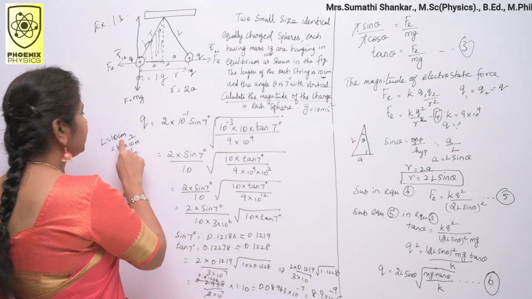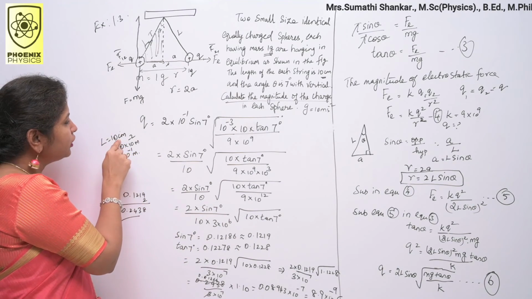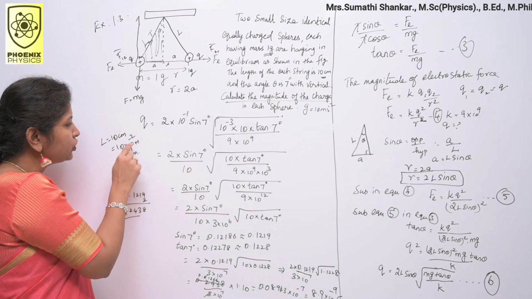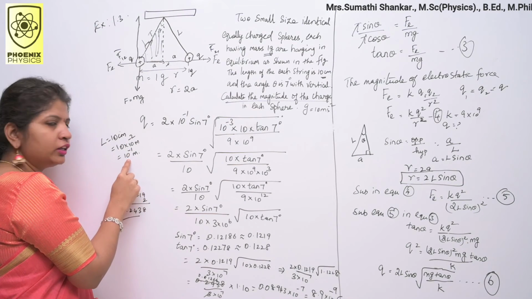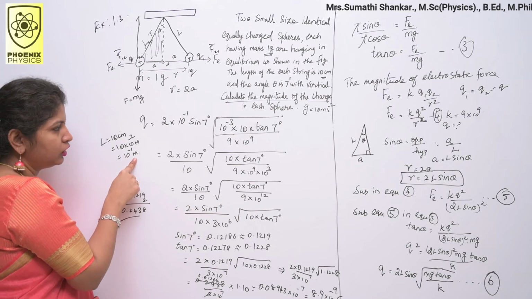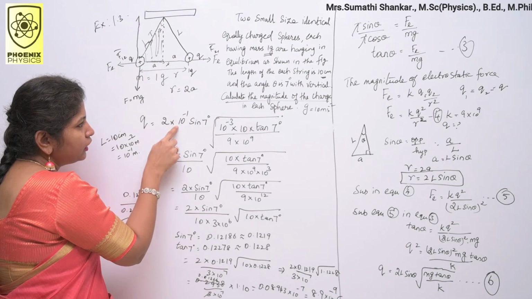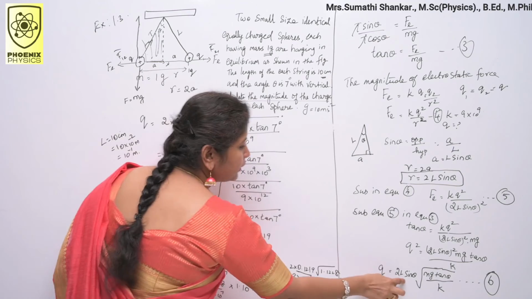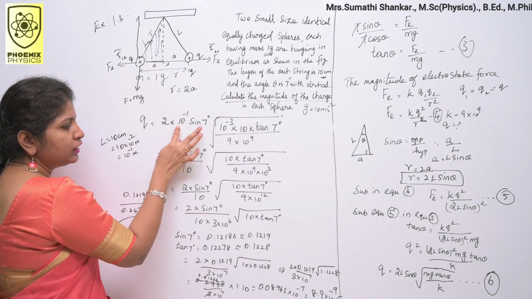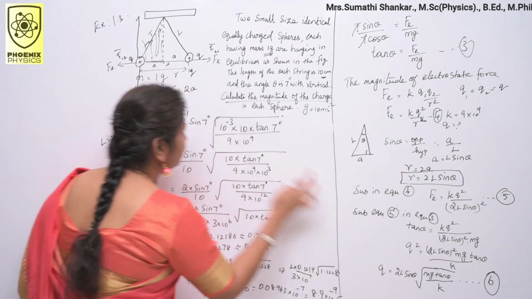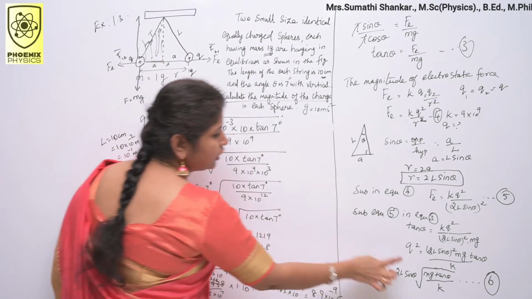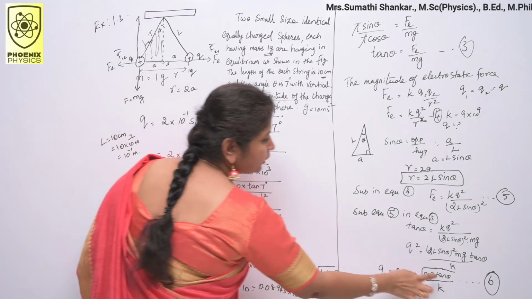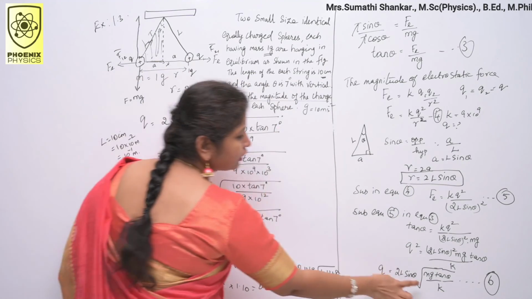Here L is given as 10 centimeter, right? Convert this centimeter into meter, that is 10 to the power of minus 2 meter. Just multiply this, you can get 10 to the power of minus 1 meter. So here 2 into L is 10 to the power of minus 1, sine theta is 7 degree. What is m? M is 10 to the power of minus 3, g is 10 and tan 7 degree divided by k value.